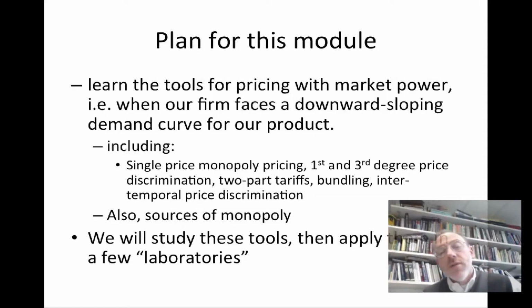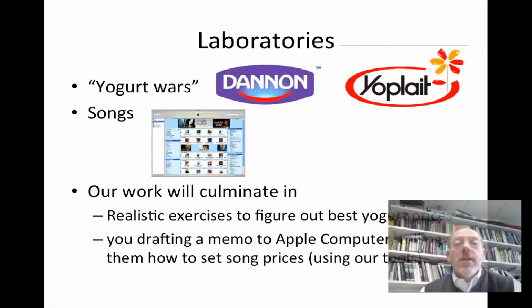And we'll illustrate these tools and apply them in a couple of contexts that I'm going to call laboratories. One of these I call yogurt wars, but we have some data that I'll share with you on the prices and quantities of Dannon and Yoplait yogurts at some grocery stores, and we can look at those data to learn a bit about the demand curve as well as about some things about the interplay between firms later in the course.